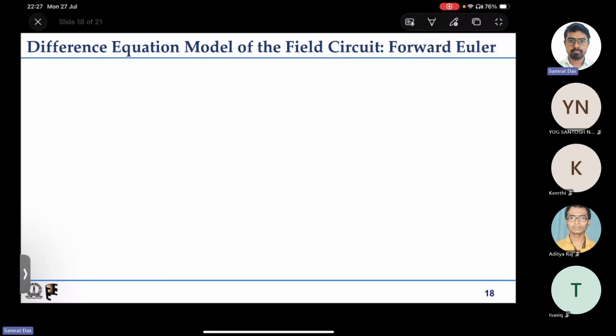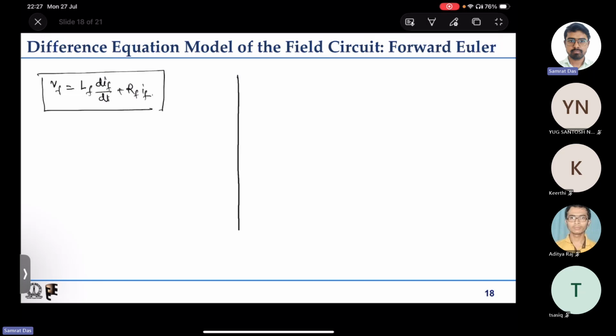So here instead, let us say we are solving this differential equation only, Vf equal to Lf dIf/dt plus Rf into If. This is the first differential equation of our DC machine, that is for the field winding. So when we are solving it in the discrete domain, let us try to see what actually happens.